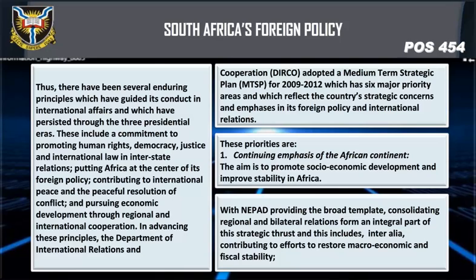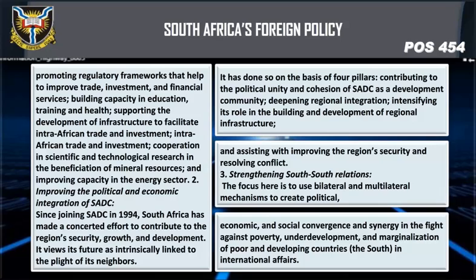Consolidating regional and bilateral relations forms an integral part of this strategic thrust, and this includes, inter alia, contributing to efforts to restore macroeconomic and fiscal stability, promoting regulatory frameworks that help to improve trade, investment and financial services, building capacity in education, training and health, supporting the development of infrastructure to facilitate intra-African trade and investment, cooperation in scientific and technological research in the beneficiation of mineral resources, and improving capacity in the energy sector.